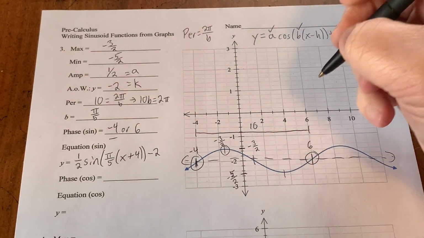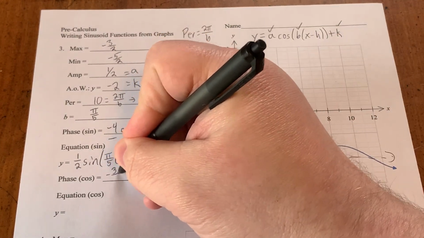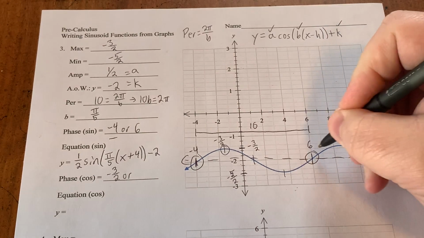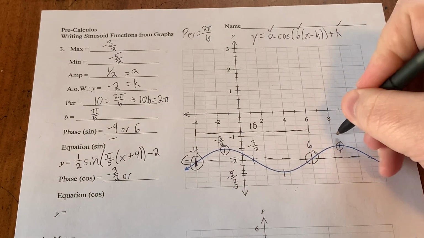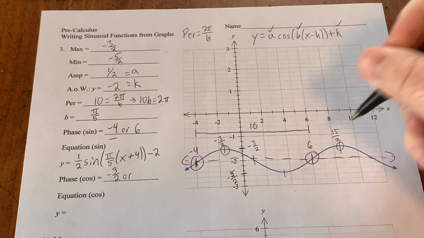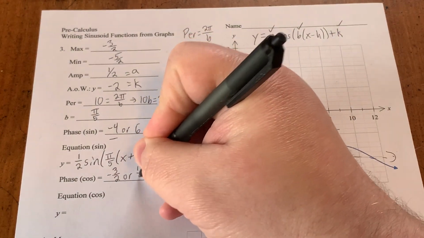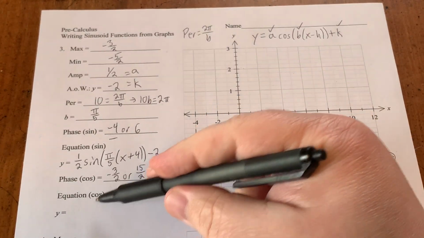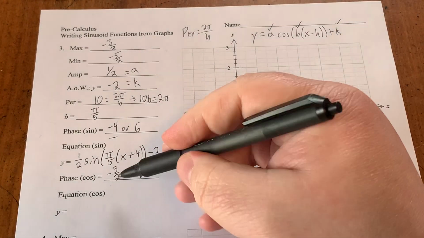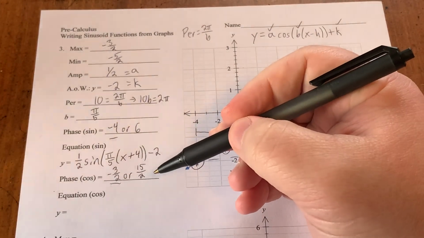So we can use that maximum. Or you could go 3 over 2 beyond here, and that's 15 over 2. And either one works. I'm just going to choose that one.